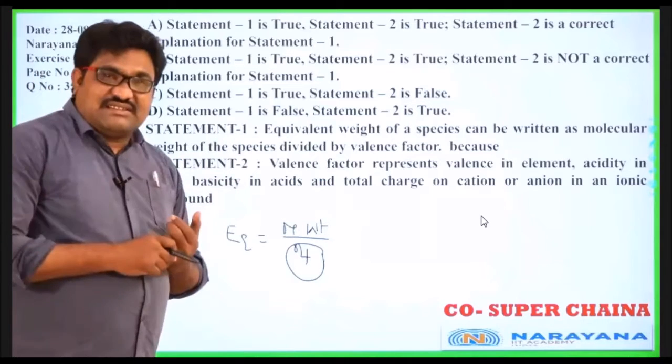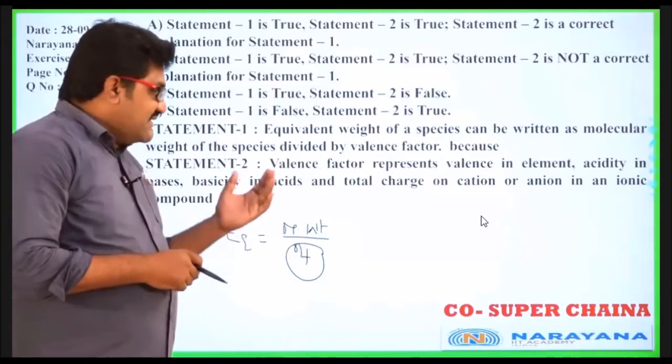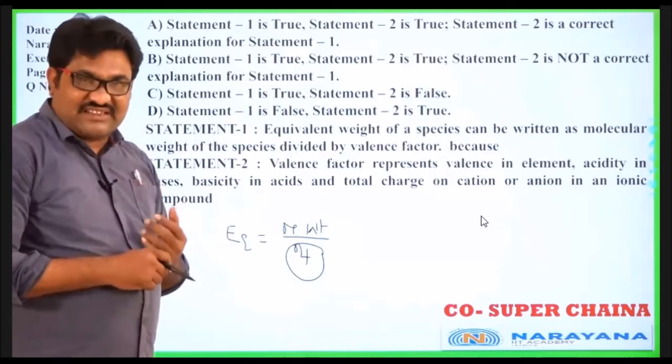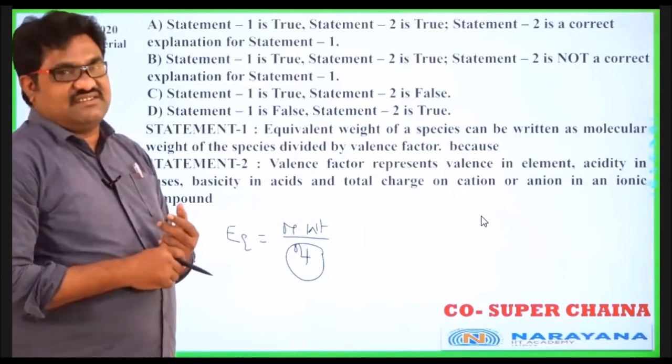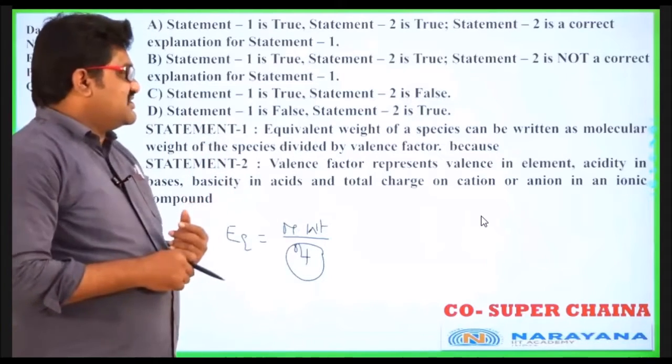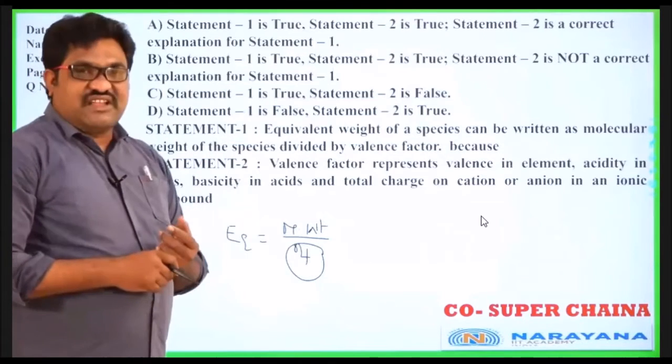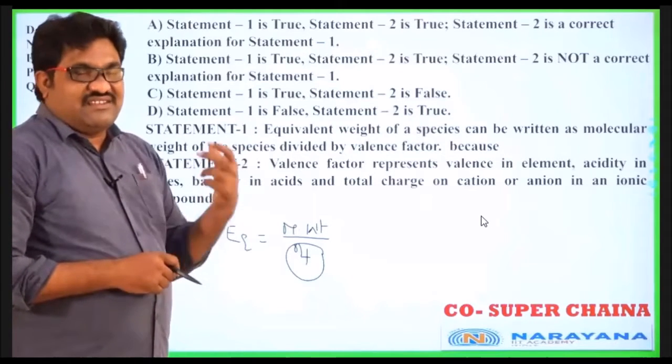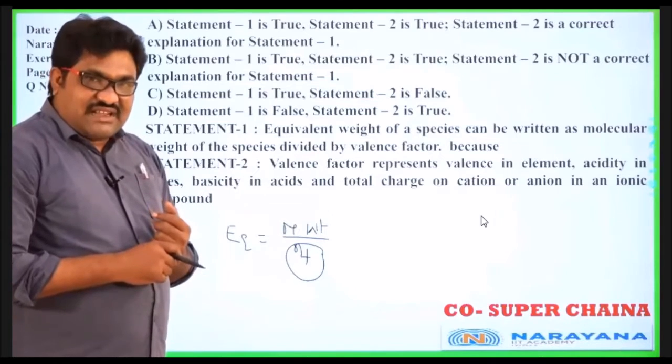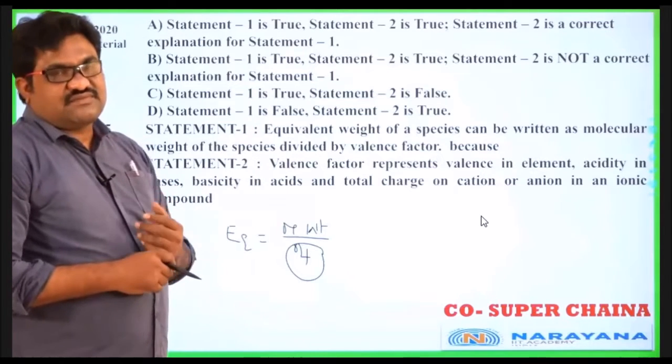Statement 2 is correct because he has given the definition for valency factor, meaning n factor. But it is not the correct explanation. Why are we going to take that n factor? Why do we divide with that n factor for getting equivalent weight?